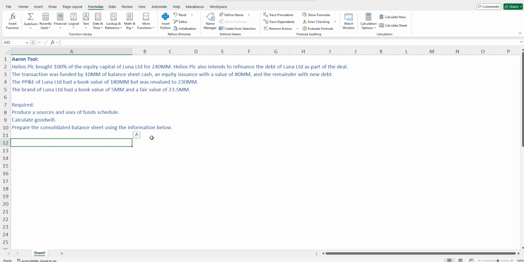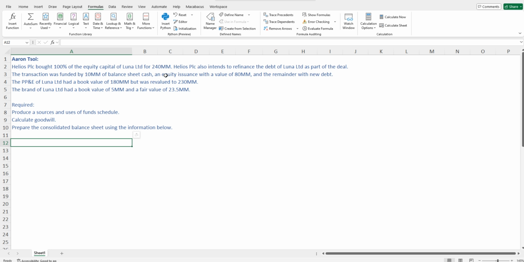So our case is here. Helios bought 100% of the equity capital of Luna for $240 million. Helios also intends to refinance the debt of the target company as part of the deal, so Helios wants to retire the target company's total debt. The transaction was funded by $10 million of balance sheet cash, so Helios is going to use its cash.